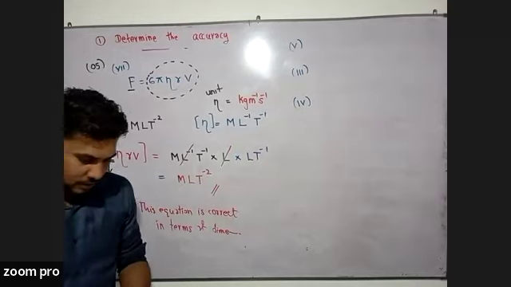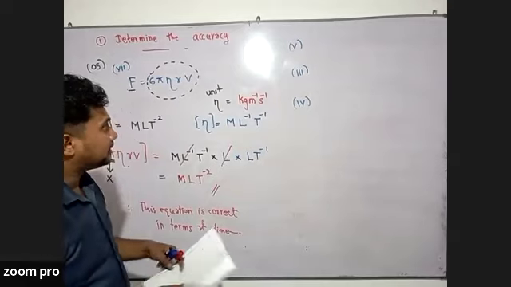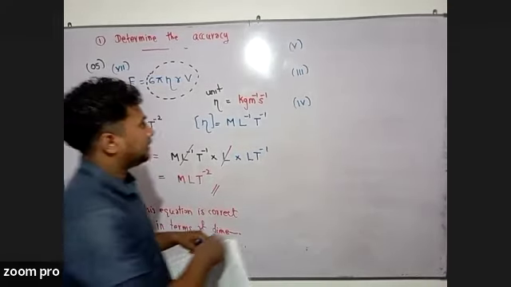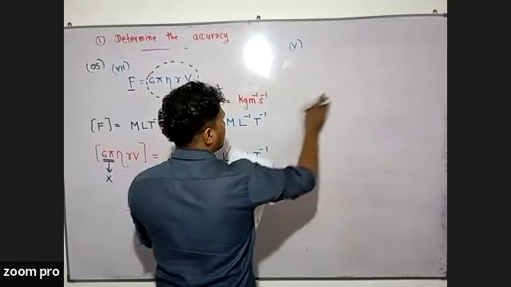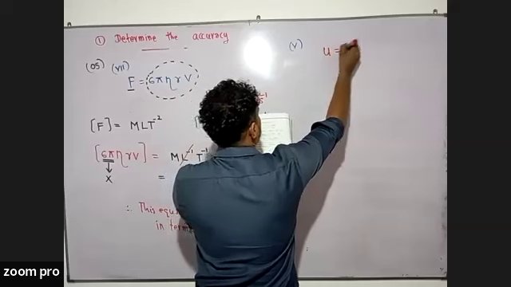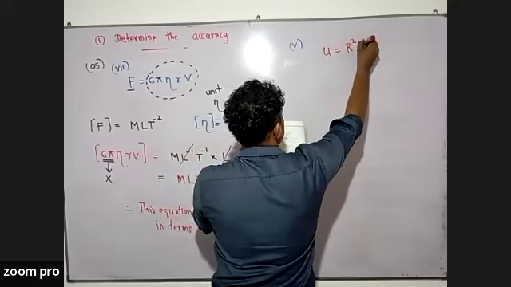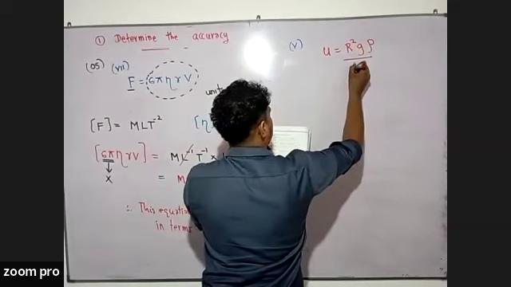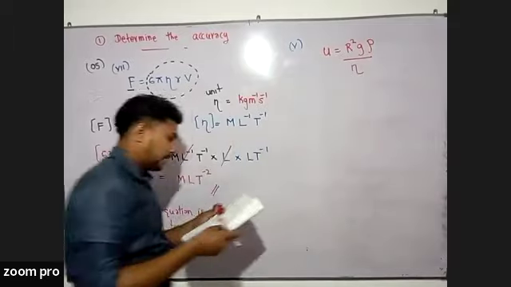So then let's obtain the answer for the fifth one, right? In the fifth question, you are given that U equals R squared G rho over eta, right?